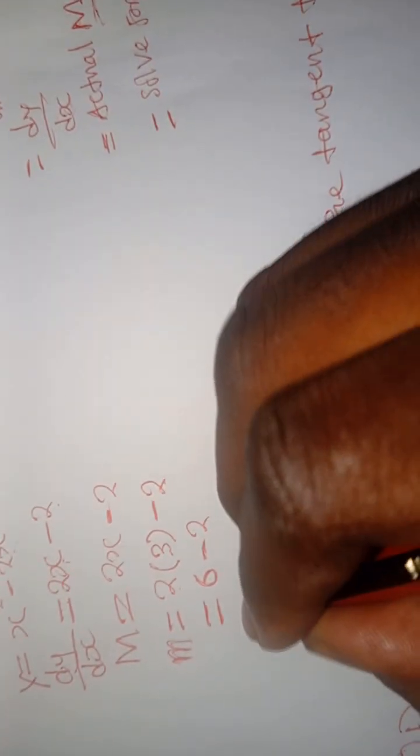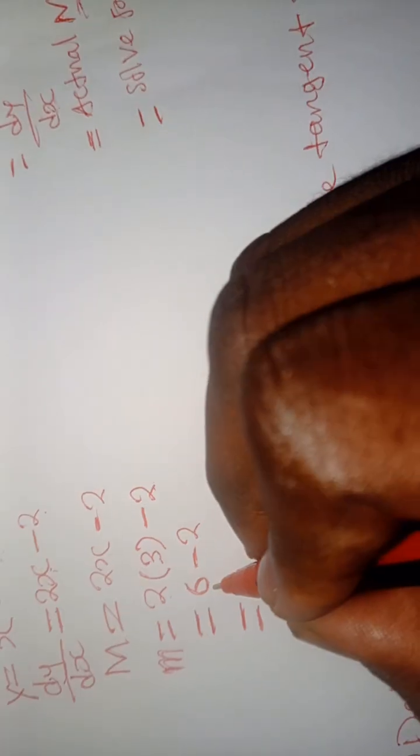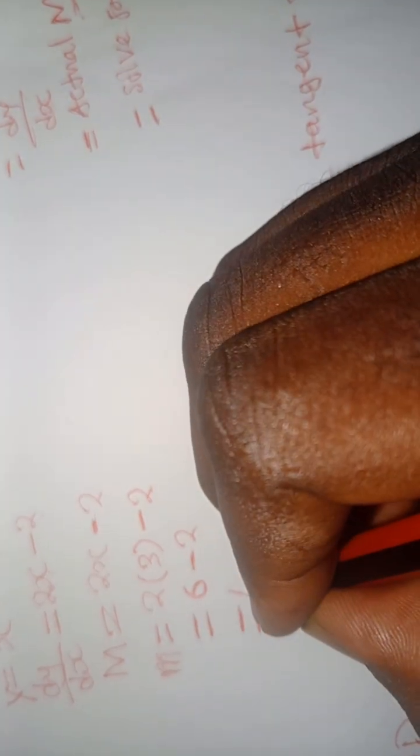So the value of m will be 6 minus 2, which is a 4. So our gradient, we have found it there, is a 4.